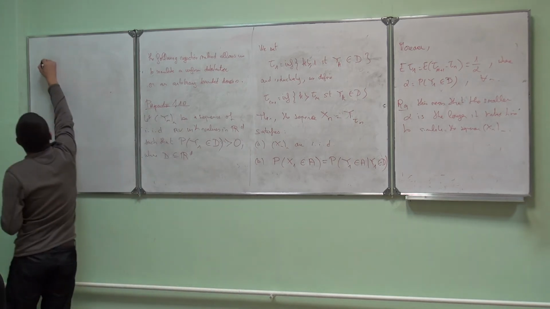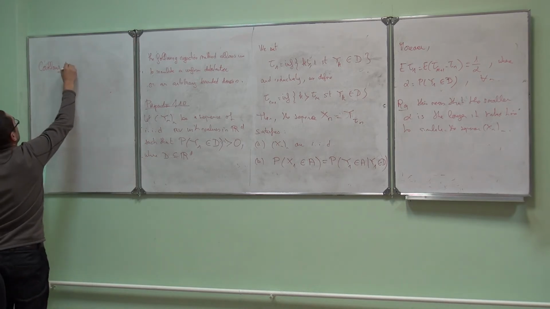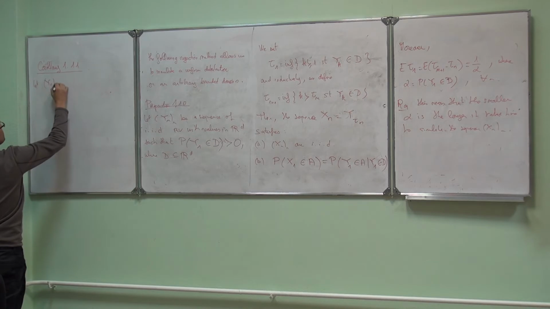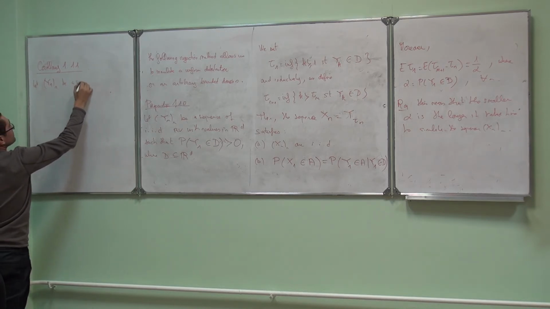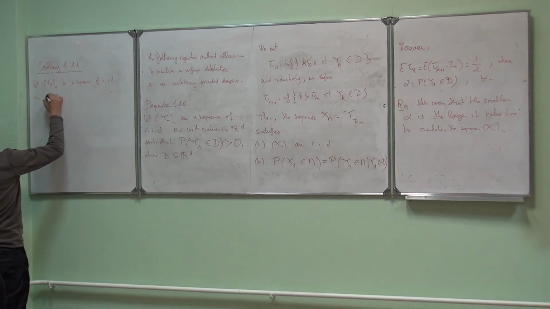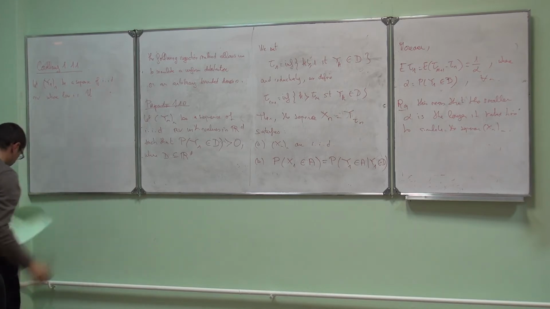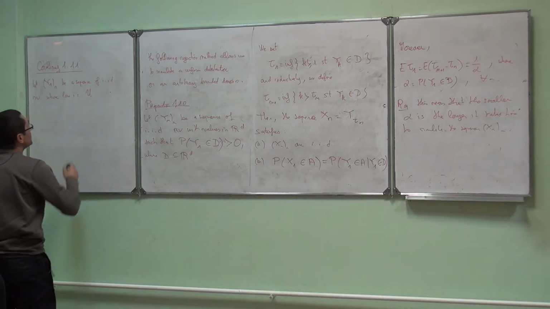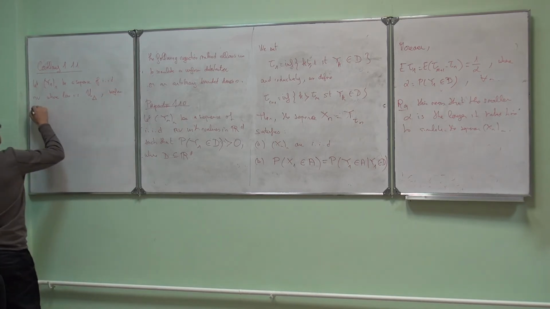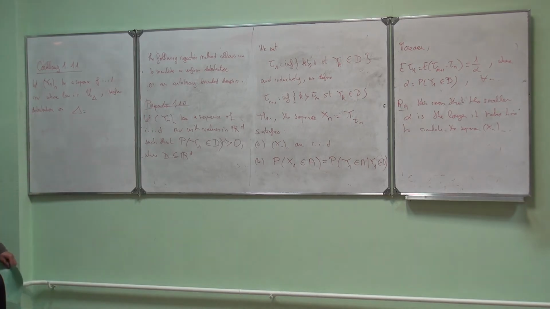So, corollary. Let yn be a sequence of iid random variables whose law is uniform distribution, u delta, uniform distribution on delta, which is of the following form.